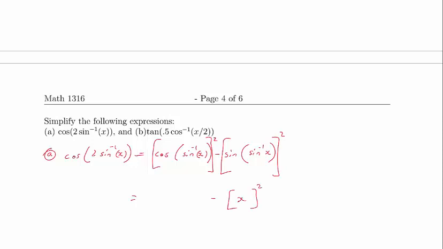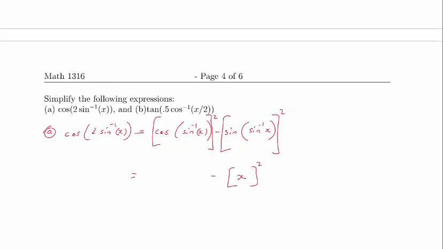Now, for the next one, let's take a look at the inside of this guy right here. We're going to let some angle theta equal the inverse sine of x, so that sine theta equals x divided by 1. Now this implies a triangle that looks like this.